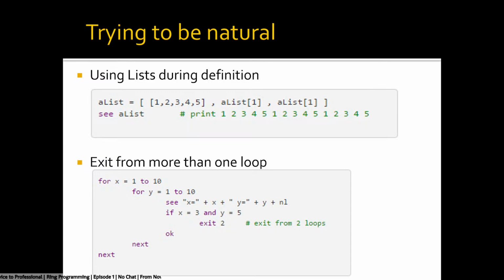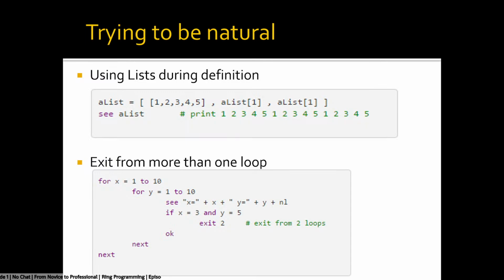Oh, to concatenate. So x equals, and then whatever x is, and that'll concatenate with a space y equals, and then whatever y is, plus n1. Oh, wait, that's NL, the new line. Is that what that is? Yeah, okay.